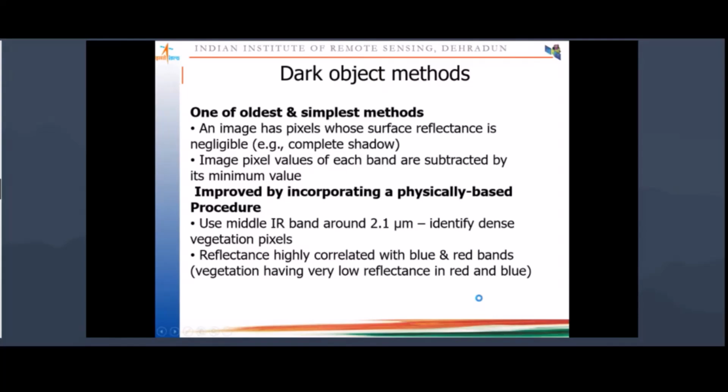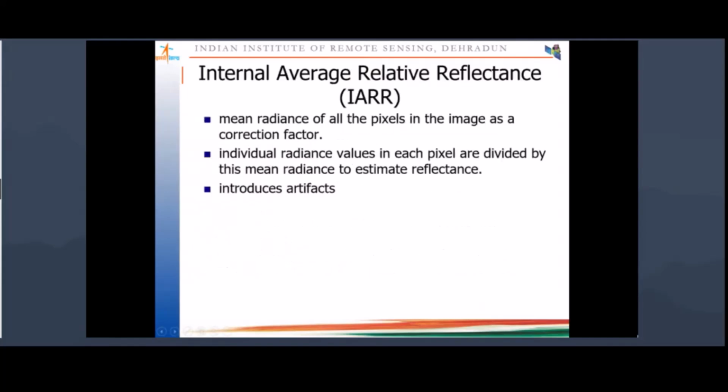So wherever higher pixel values will be there, you'll be receiving values greater than 1 also, and the range will vary, right? The major drawback is sometimes it introduces artifacts in the entire image, but it's good enough if you don't want to go for complex computation for atmospheric correction.